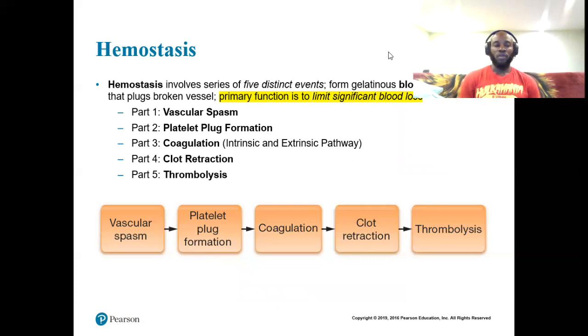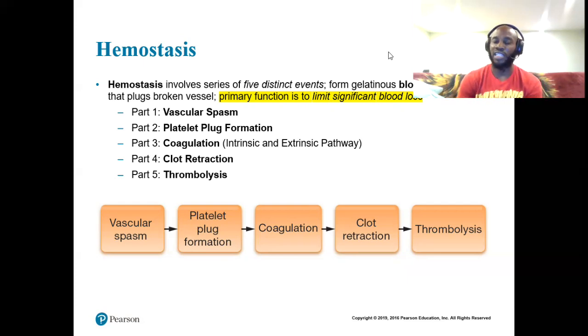But for the most part, we want blood to stay in the blood vessels, stay in the body, continue circulating through the arteries, arterioles, capillaries, venules, veins, through the heart. We want the blood to continue its circulation until those blood cells are no longer useful to us. But the process of hemostasis is very simply to form a gelatinous blood clot, which plugs broken vessels, right?